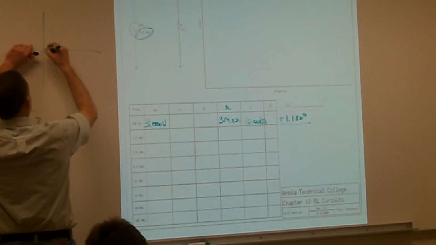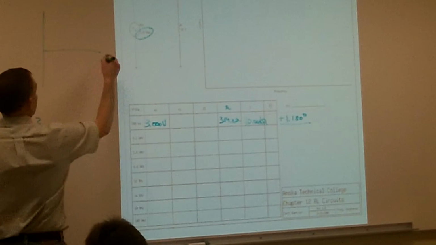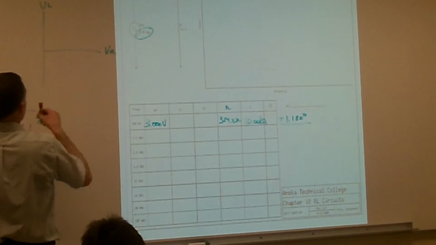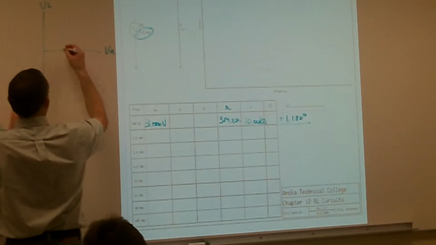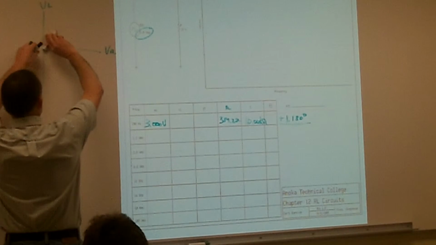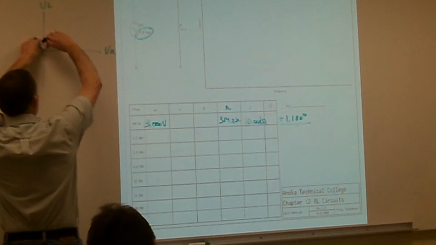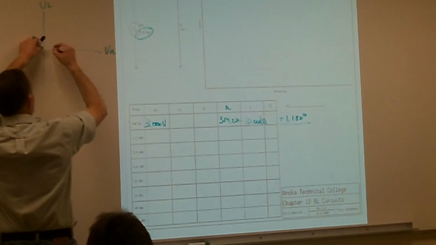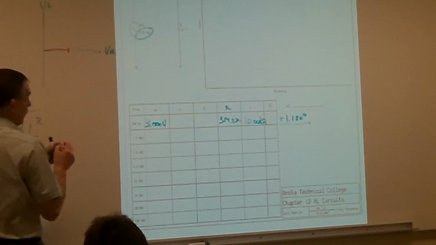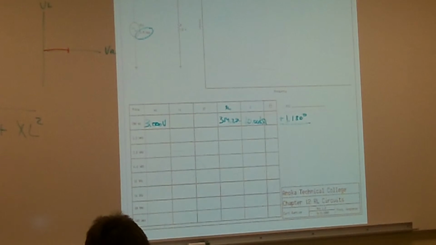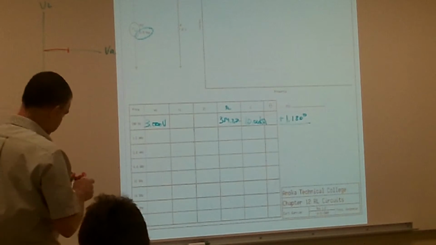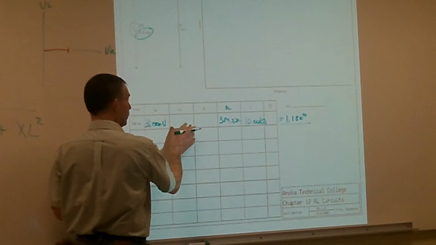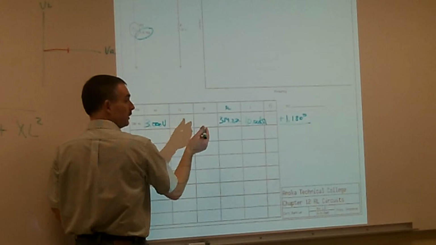Here's VR, here's VL, and here's my VS. Since my VS is 3 volts and I have an angle of 0 degrees, I know my VS and my VR are going to be equal at this very low frequency. So what's left across VL then? Come up with a number.